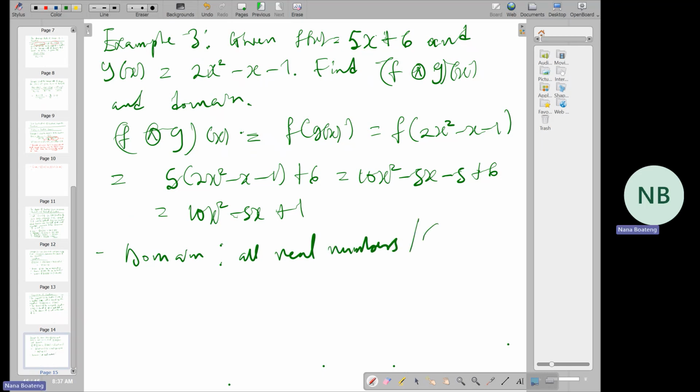Or minus infinity to positive infinity. All right, so let's look at another example also on composition of functions.